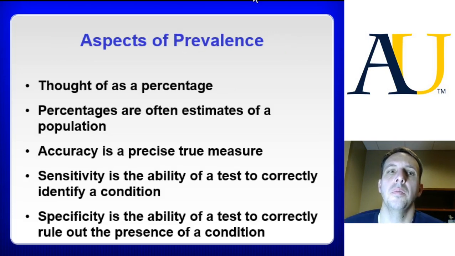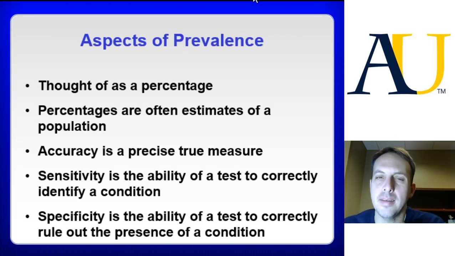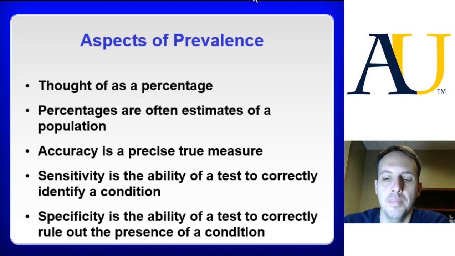And so when we move beyond that as far as validity, one of the biggest components of validity testing that occurs in the literature is that of assessments of new special tests.